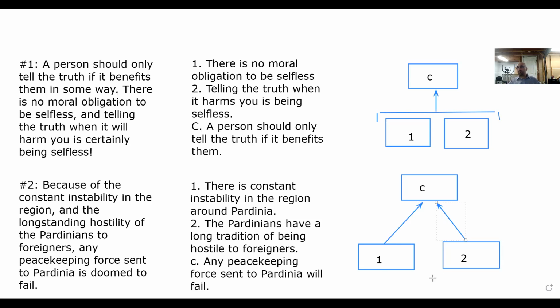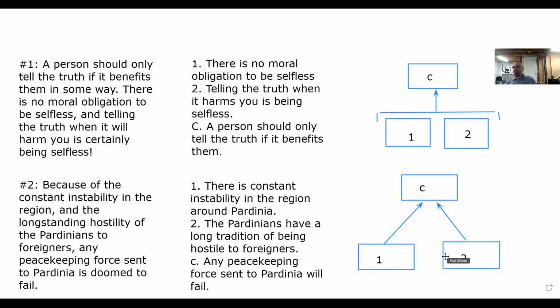Okay. Now, one important thing to note here, certainly this argument is stronger with both of them, right? Think of maybe in percentage terms, maybe the fact that there's constant instability in the region of Pardinia gives you a 25% chance that the peacekeeping forces won't work. And maybe the long tradition of hostility to foreigners gives you another 25% chance that the peacekeeping force won't work.